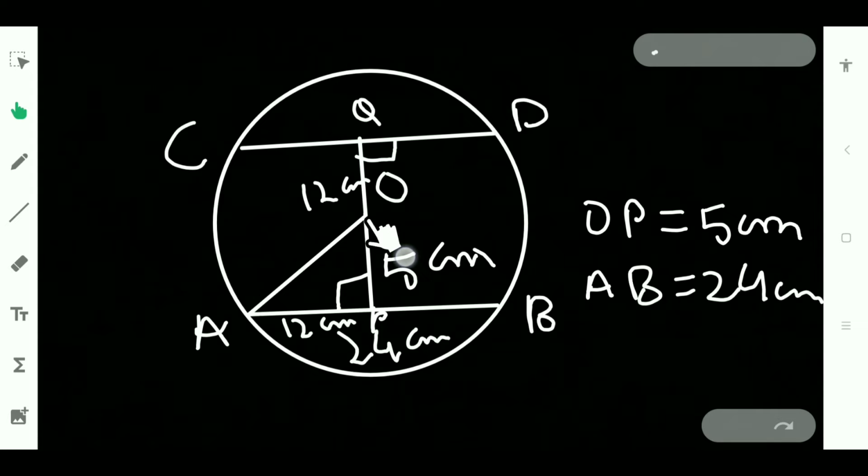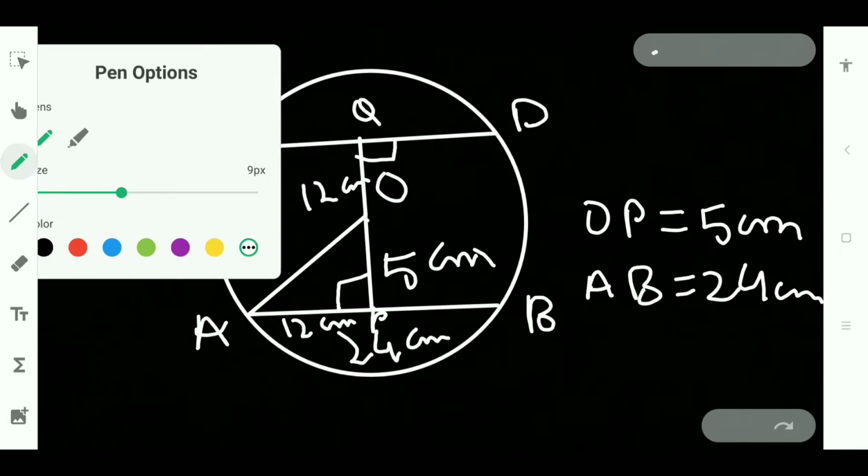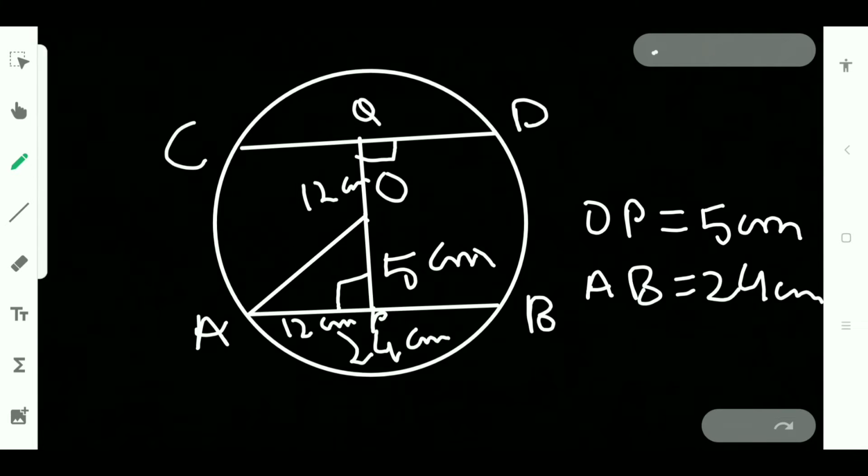From the center to any point on the circumference of the circle will be the radius. So the radius is nothing but OA. We have to find the OA length, and then we will draw another line, OC, and find the length of CD. That will be simpler.